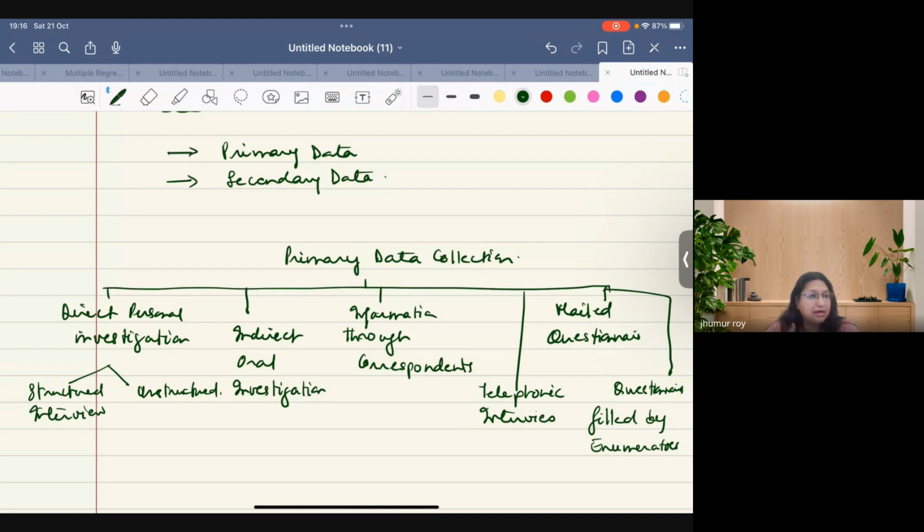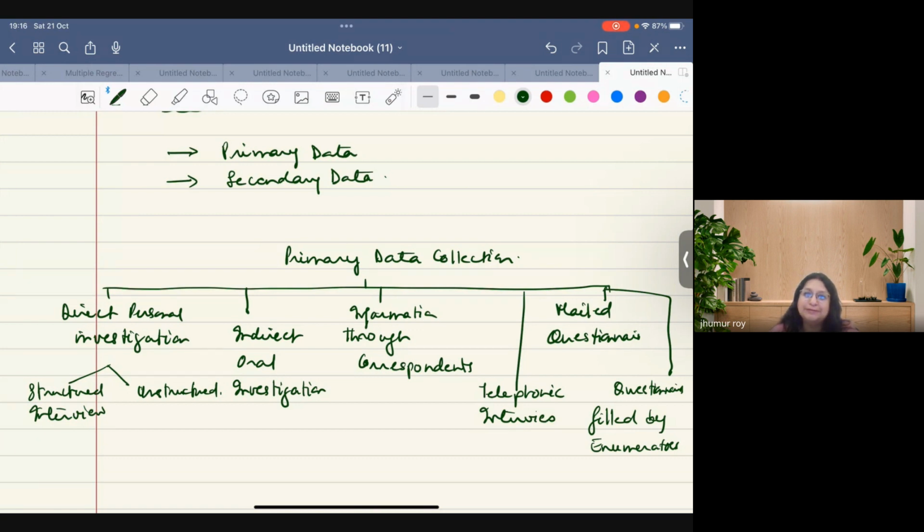When we question according to the answer of the other person, it is an unstructured interview method. That is also a very good method, and a very frequently used method.